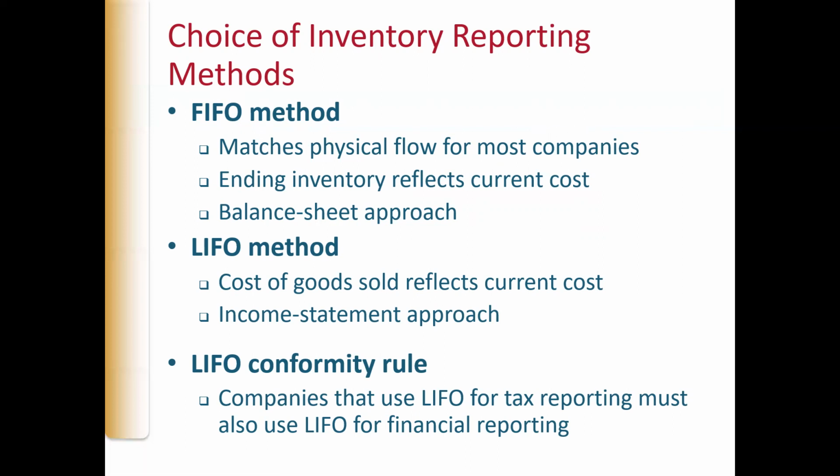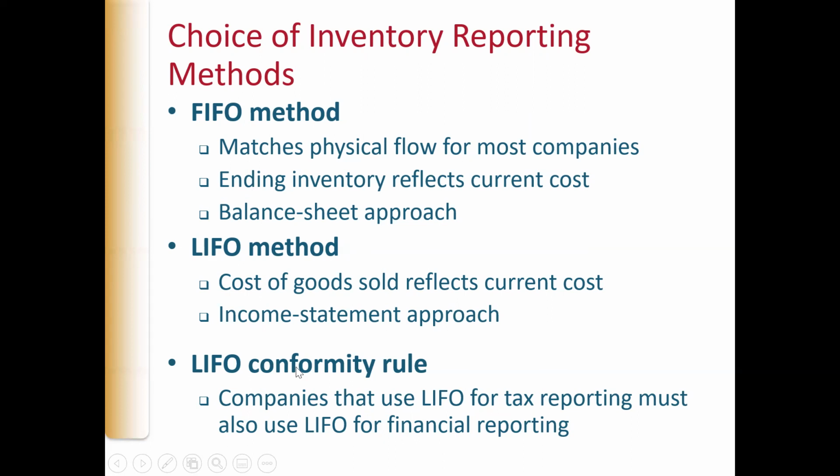We call the FIFO method the balance sheet approach because our balance sheet is going to most accurately reflect the most current costs. If we use the LIFO method, we call that the income statement approach because our income statement is going to use the most current prices.